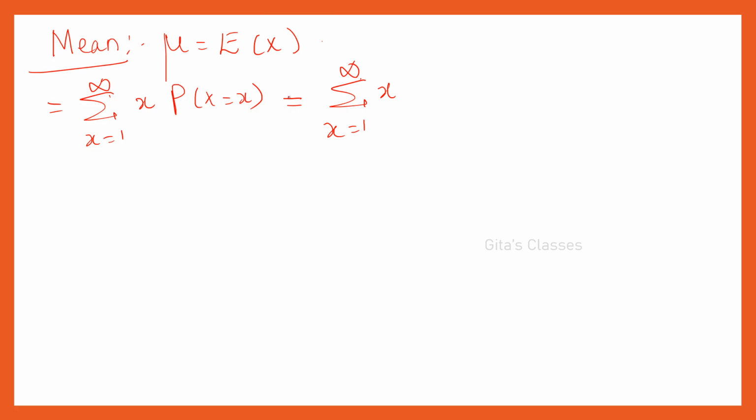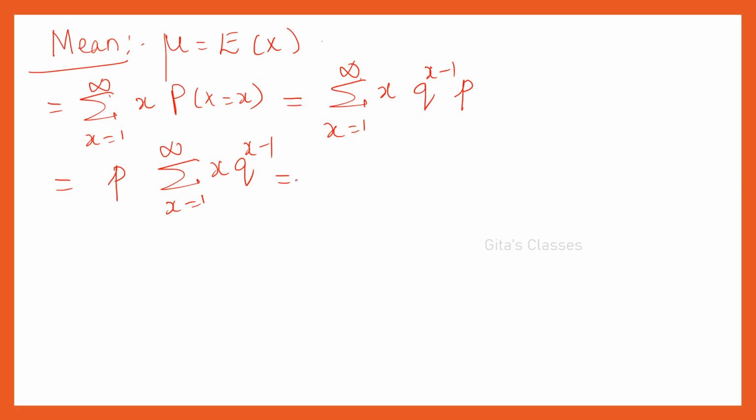This is the probability mass function for the geometric distribution, which is q power x minus 1 into p, right? So p can be taken outside because it is independent of x. So sigma x varies from 1 to infinity x into q power x minus 1, right?